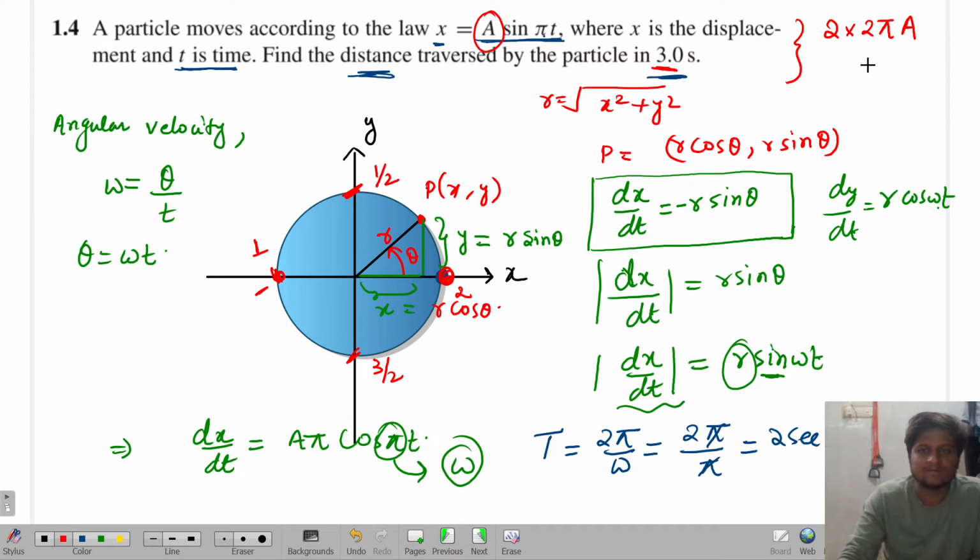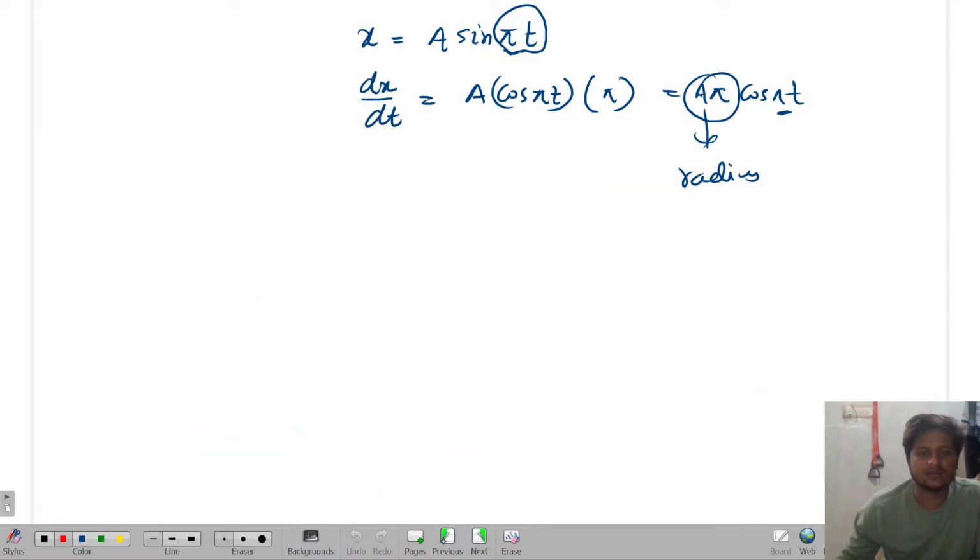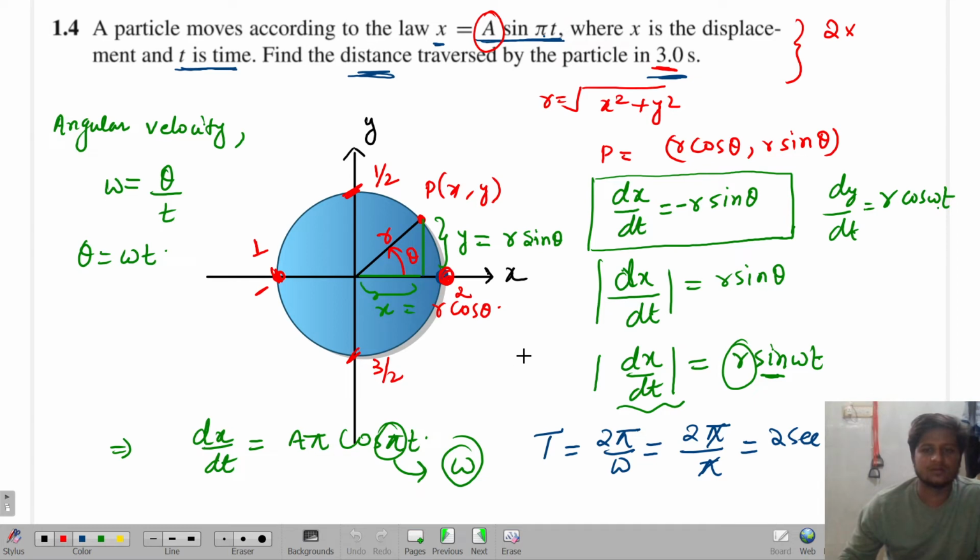If you follow this displacement equation, try to see this. Is what I'm writing correct now? Sin 3 pi is not correct. No, sin 3 pi will be 0. Sin 3 pi will be 0 or not? Tell me yes or no.